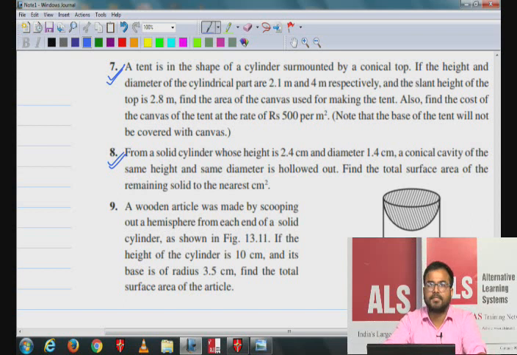No. Are you taking into consideration the base of the cylinder also in this case?